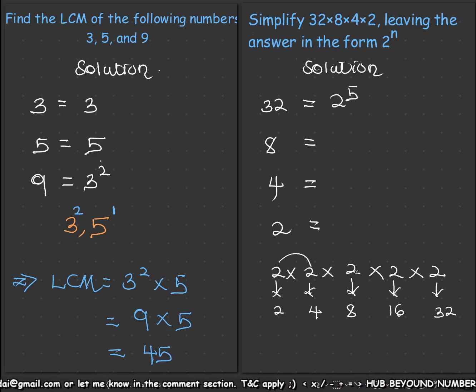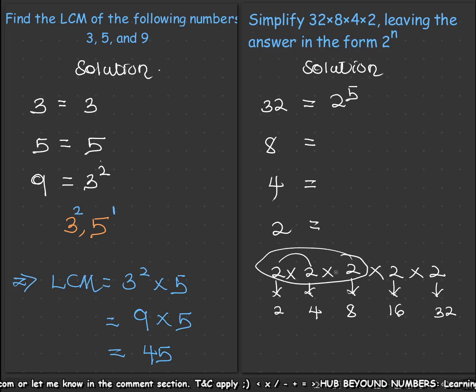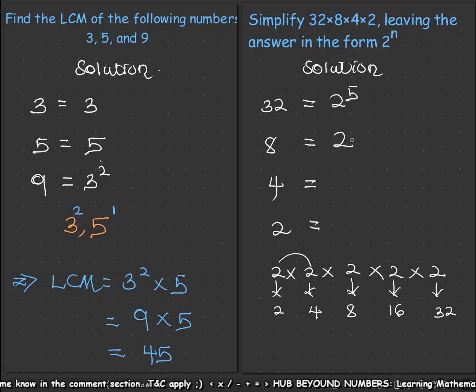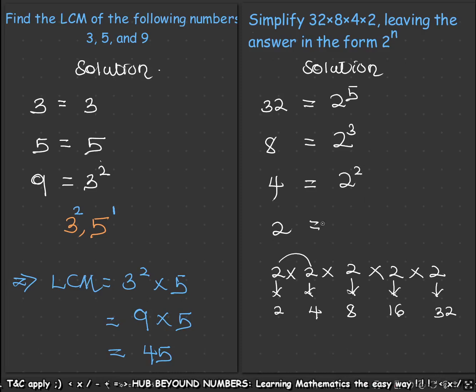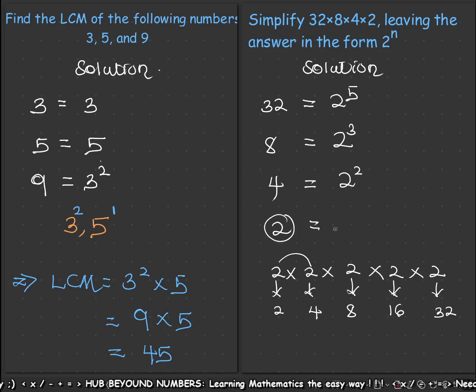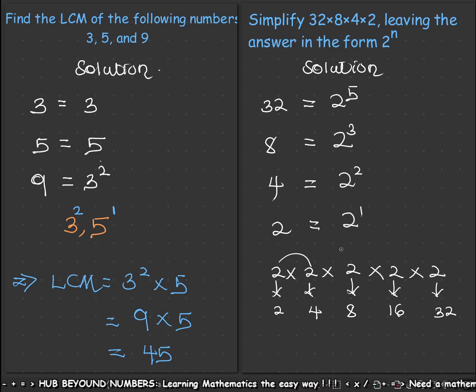Then we come to 8. You see, we need 3 of the 2's. So 2 multiplies itself 3 times to give us an 8. 4 multiplies itself twice to give us an 8. And then 2 here is just once. You see?